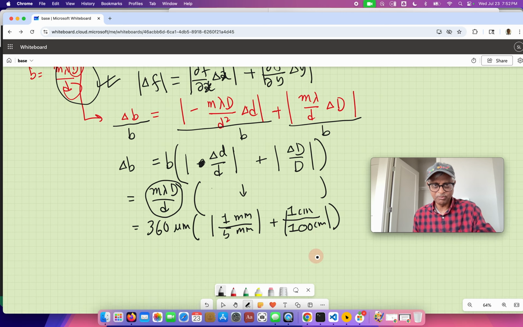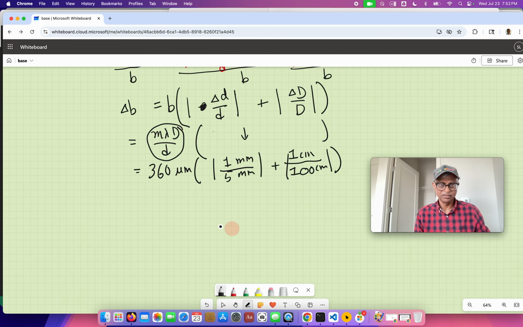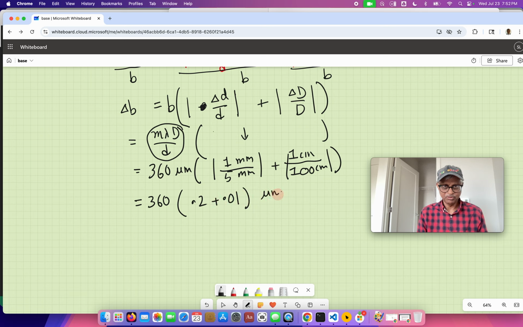We could just drop the absolute sign, right? So this is 360 times 0.2 plus 0.01 micrometer. So I'm just going to multiply 360 with 0.21 micrometer.